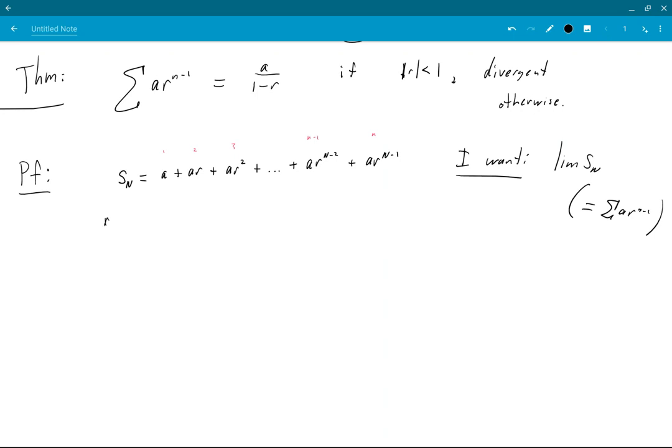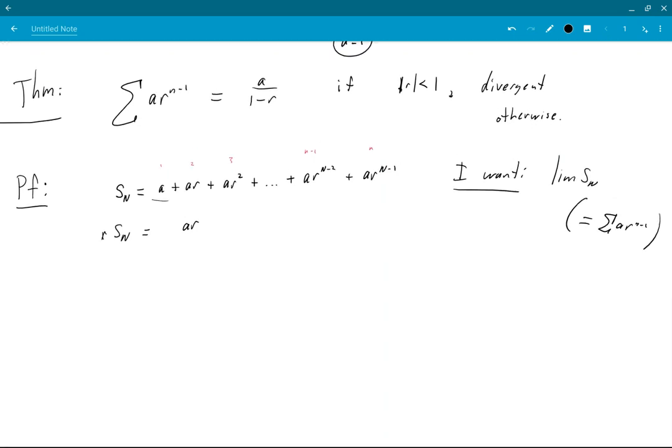I'm going to multiply both sides by r. And what do I get? Well, the a term gets multiplied by r and ends up here. And then you get plus ar squared, all the way up to ar^(n-2) plus ar^(n-1), plus one extra term on the end, ar^n.